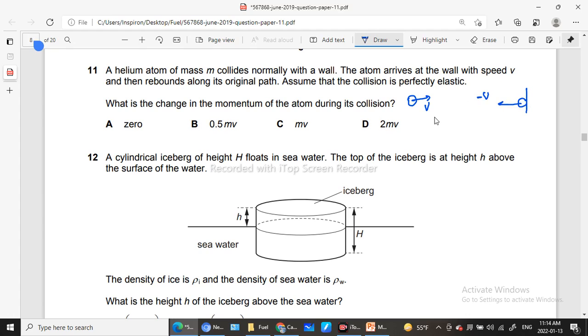So initial momentum equals mv. The final momentum after impact is negative mv. So the change in the momentum is the difference, which is equal to 2mv.